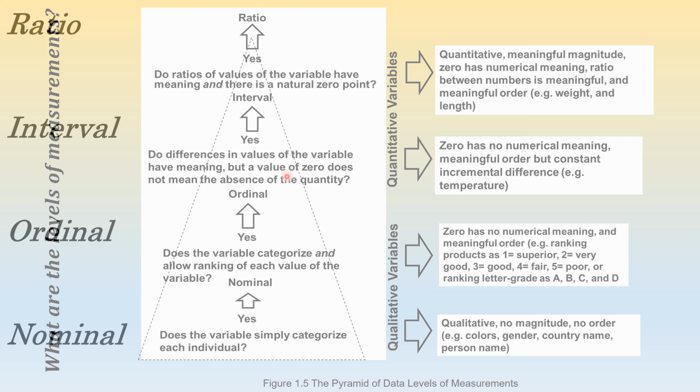The next one here is based on the question: do differences in values of the variable have meaning? Imagine you are testing your temperature using a thermometer. Here zero has no meaning, because what does zero temperature mean? We know it means freezing temperature, but that's all we know.